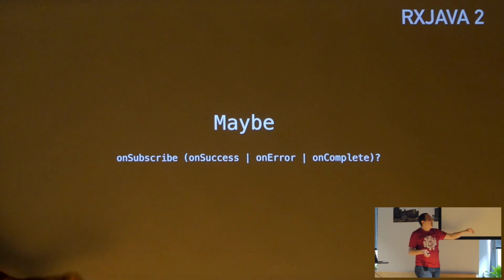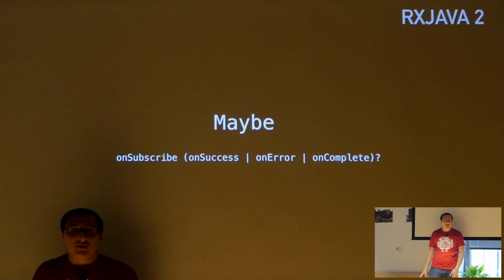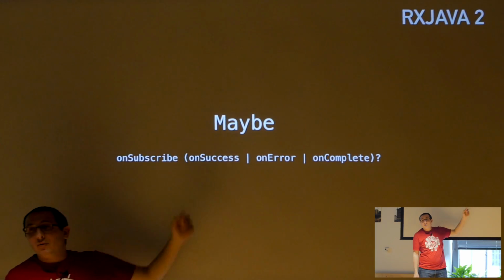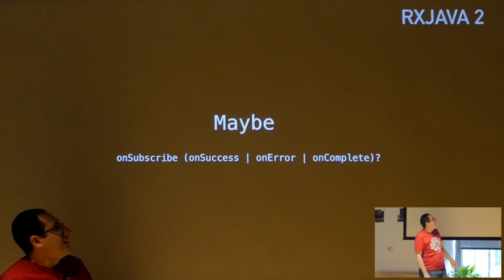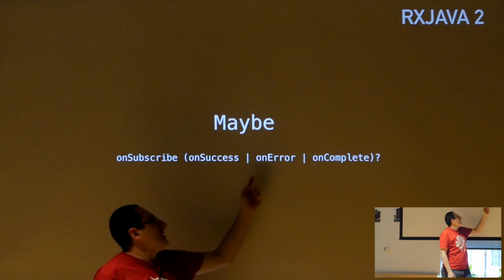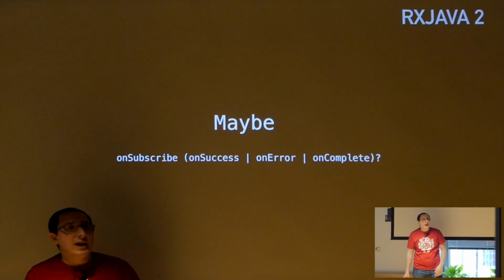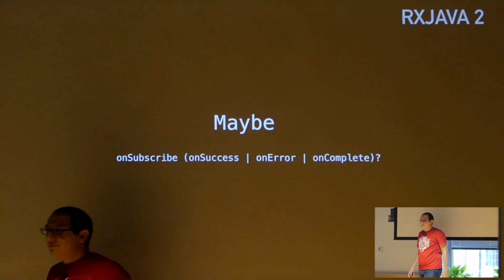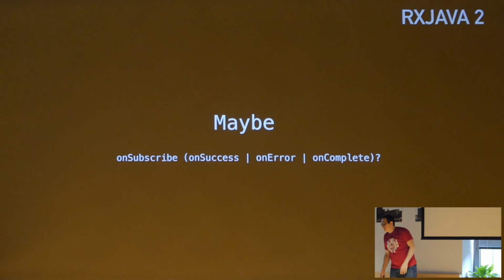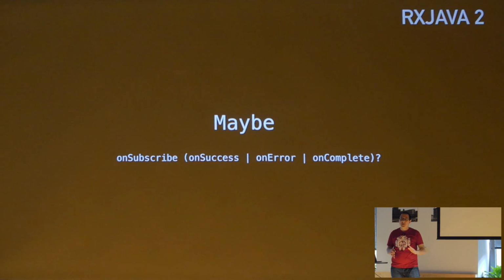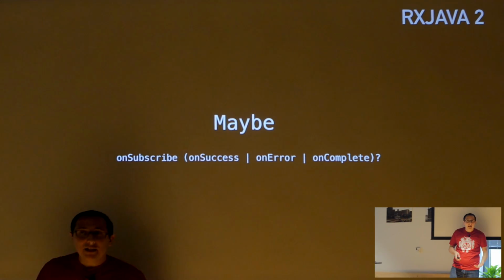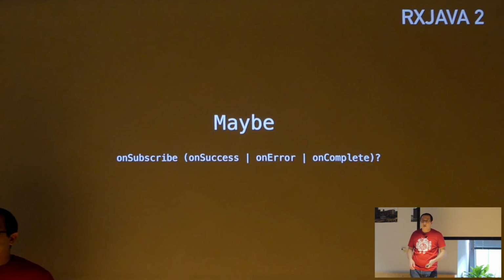This is the contract. What it says in the documentation, though, is that if onNext is called, then the other two are not called. Otherwise, if nothing is emitted, this one will be called. So this is kind of confusing again, also because most operators now actually return maybe.